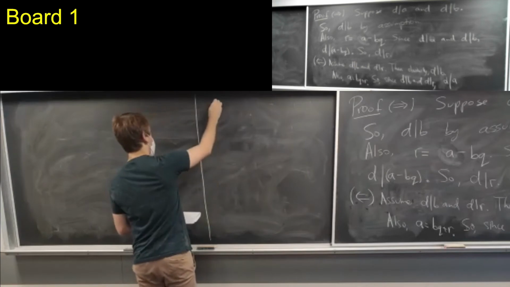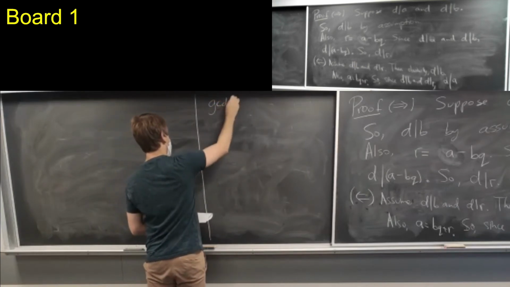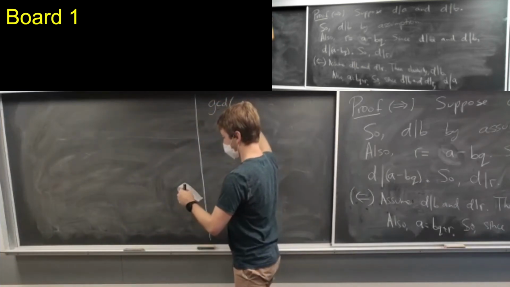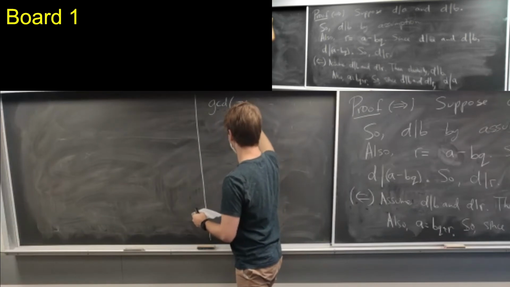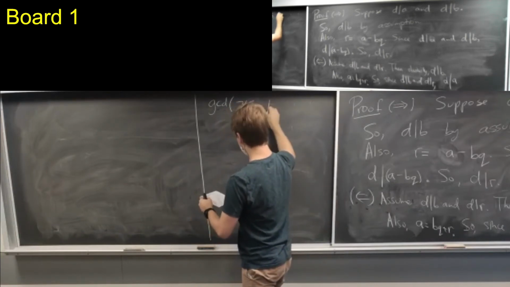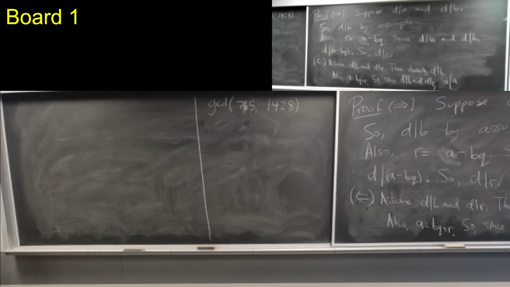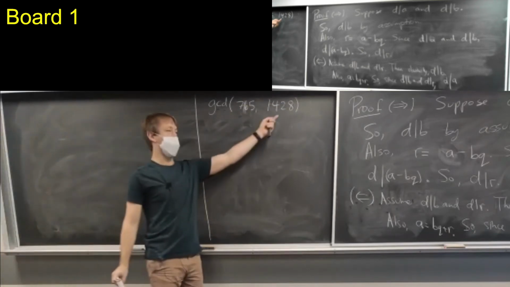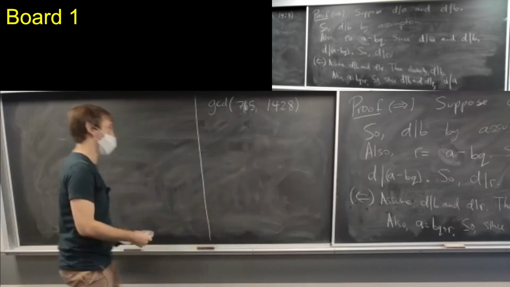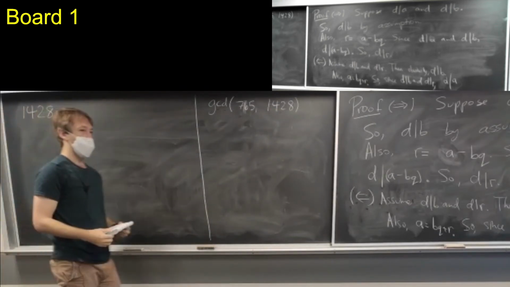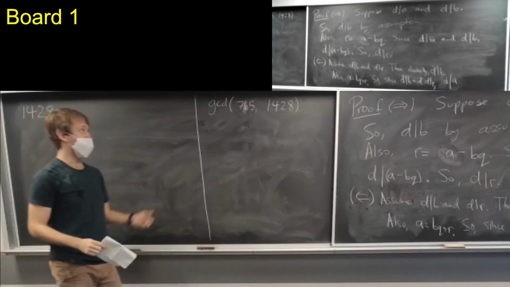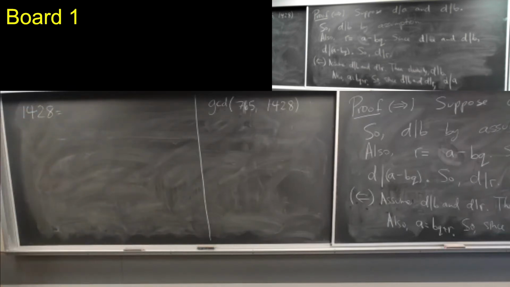So suppose I'm asking you to compute the GCD of 765 and 1428. I start by taking my big number, which is 1428, and I compute the quotient and remainder with 765.